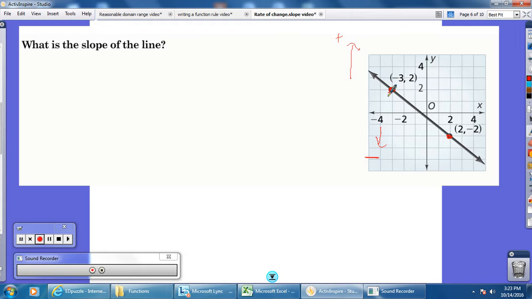I'm going to fall 1, 2, 3, 4. So I'm going to fall 4, that's a -4. Then I'm going to run to the right, which is positive. I'm going to run 1, 2, 3, 4, 5. So my rise over run, which can also be my fall, is -4 over 5.